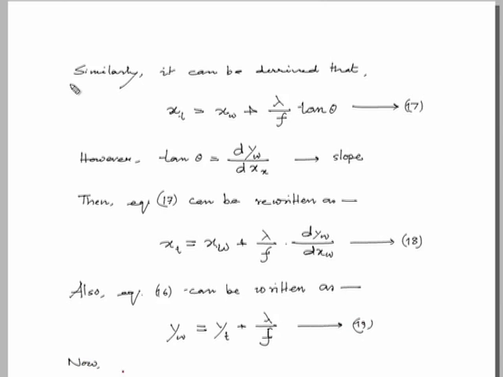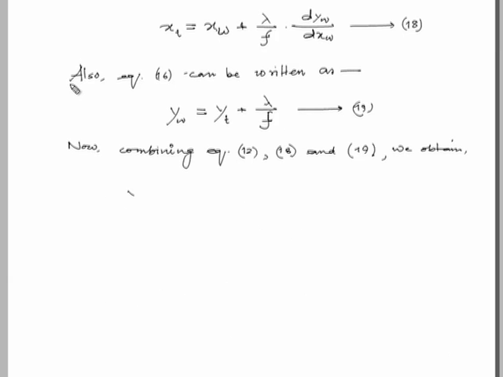Now, combining equations 12, 18 and 19, we obtain y t plus sigma by f equal to y w, which is in terms of phi of x t minus sigma by f into d phi x w by d x w.